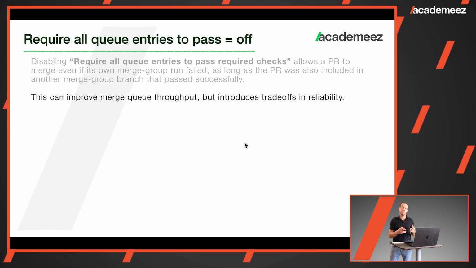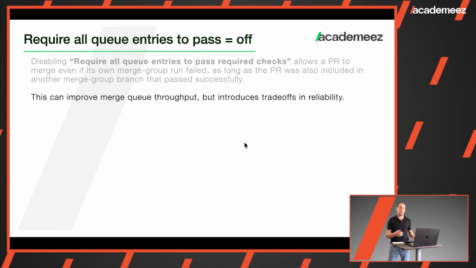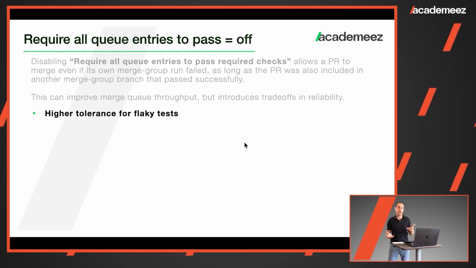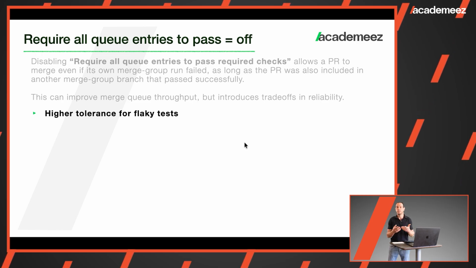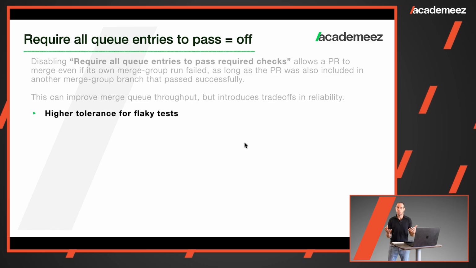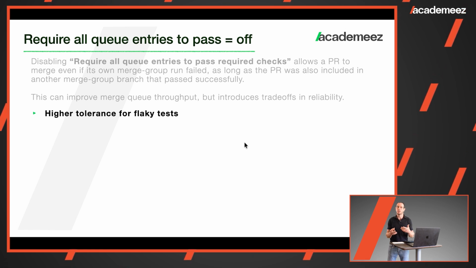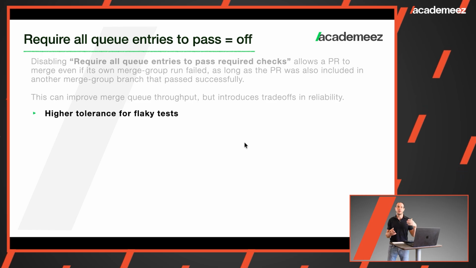But it introduces a trade-off, as we mentioned, in reliability. You reduce reliability. So, for example, if you turn this off, you have higher tolerance for flaky tests. Sometimes, I would say even all the time, if you're constantly testing your app, constantly running unit tests, integration tests, end-to-end tests, you're going to have a certain percentage of flaky tests. Flaky tests are tests that in one run they pass, and without code change they might fail.